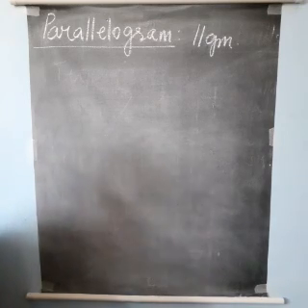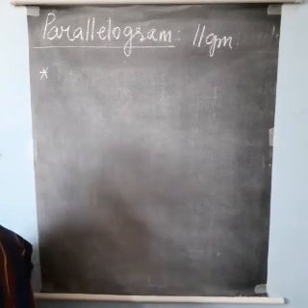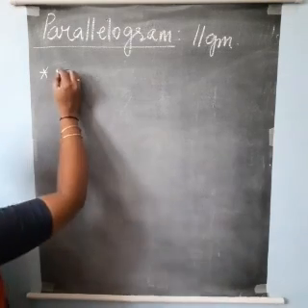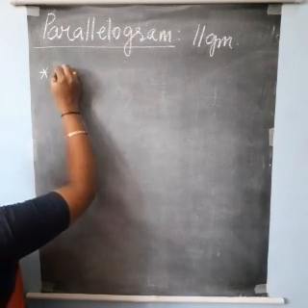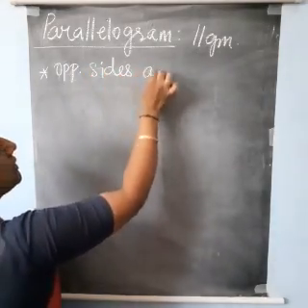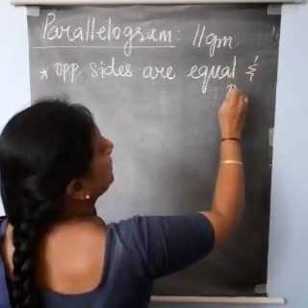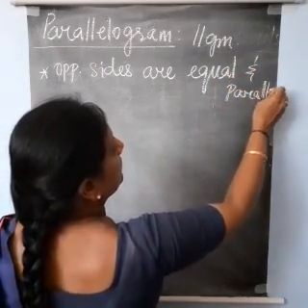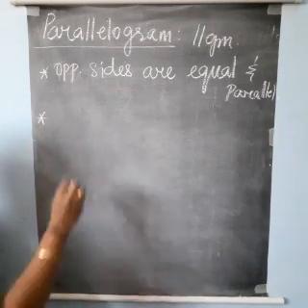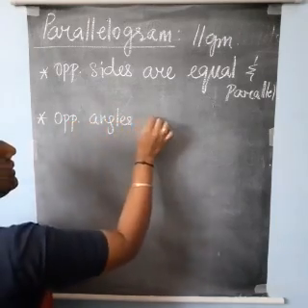Okay, now in the parallelogram we find that two pairs of sides are equal and parallel. Okay, so opposite sides are equal and parallel. Okay, then we also find that opposite angles are equal.